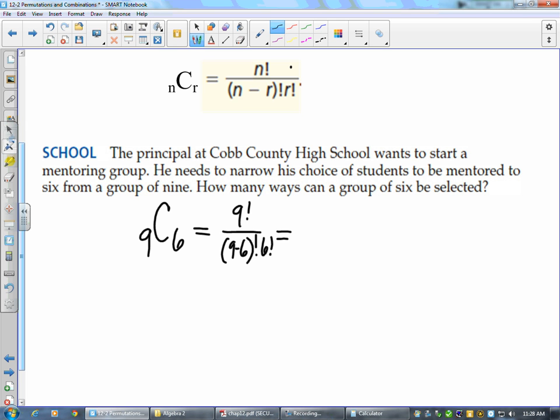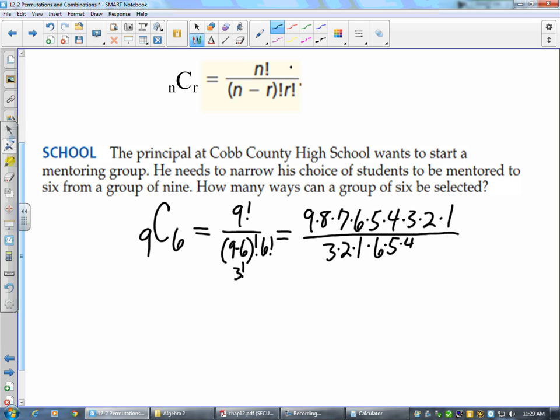So let's simplify. 9 times 8 times 7 times 6 times 5 times 4 times 3 times 2 times 1 divided by, and 9 minus 6 factorial is 3 factorial. So I'm just going to write 3 times 2 times 1, and then times 6 times 5 times 4 times 3 times 2 times 1. So when you start to simplify, notice we got a 6 times 5 times 4 times 3 times 2 times 1.